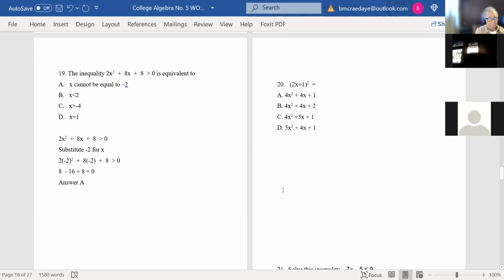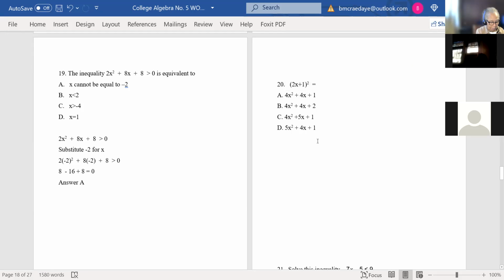All right, 20, Latoya, how would you solve 20? This is equal to, let me copy this and tell you what this is. This is 2x plus 1 times itself, right?